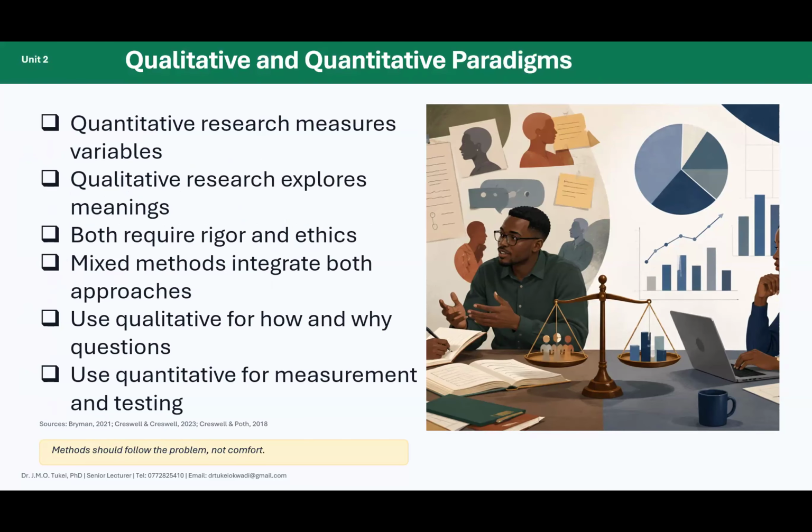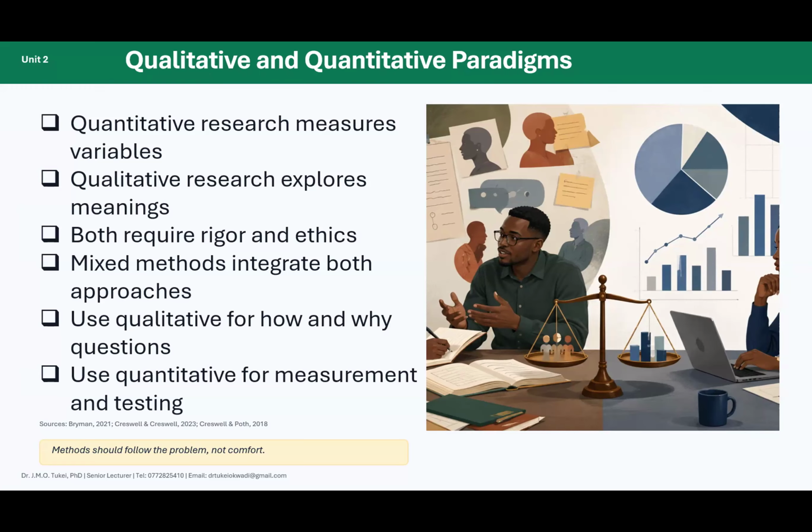Colleagues, we are now going to quantitative and qualitative research paradigms. Quantitative research focuses on measurement, variables, numerical patterns, and statistical relationships. It is appropriate when the researcher wants to estimate prevalence, compare groups, test hypotheses, or even determine the strength of association between variables.